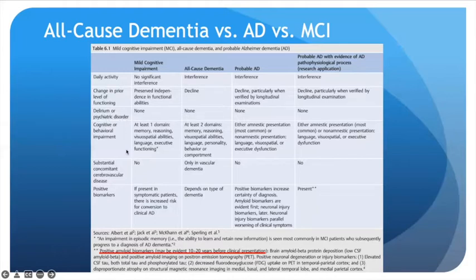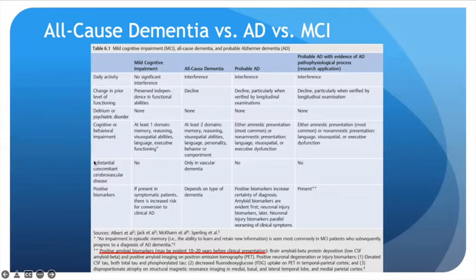Cognitive or behavioral impairment is observed in at least one domain, possibly in mild cognitive impairment, and at least two domains for all-cause dementia. With probable AD, there's either an amnestic presentation or a non-amnestic presentation, but memory problems are the most common with probable Alzheimer's disease.